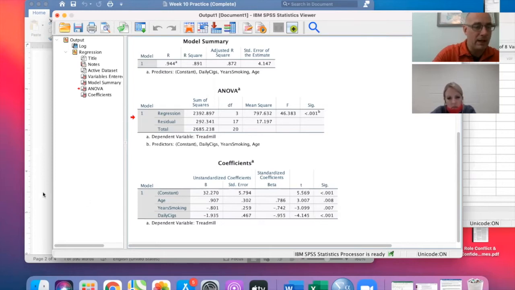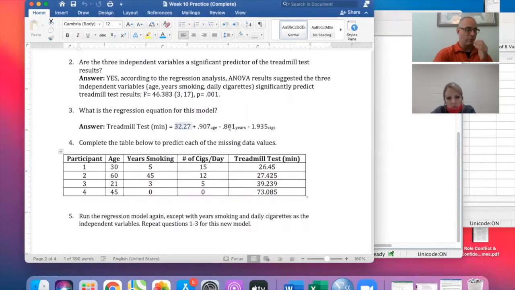Okay. Then question number 4, because it's a predictor model, theoretically, if we were given a new participant and we only knew, for example, their age, years smoking, and daily cigarette use, we could calculate a rough estimate of their treadmill test results.